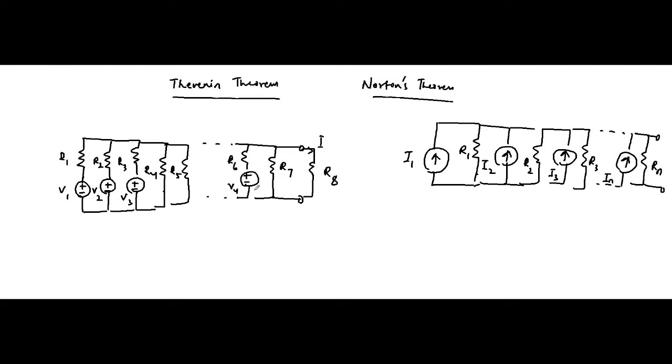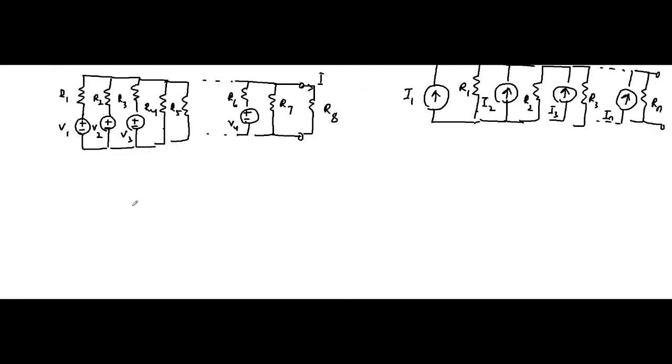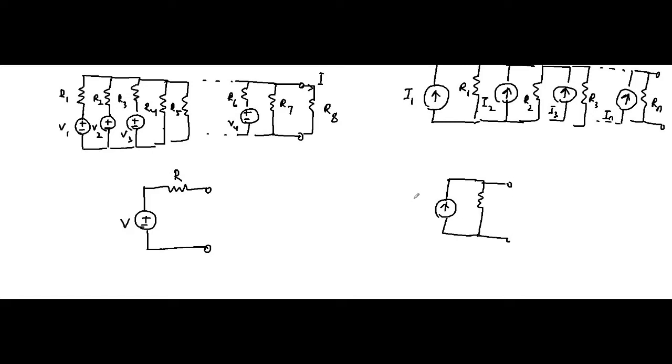Let's say we can convert all of this into this form, and all of this into this form. That would be very easy to handle. So this is the whole point of Millman's theorem.